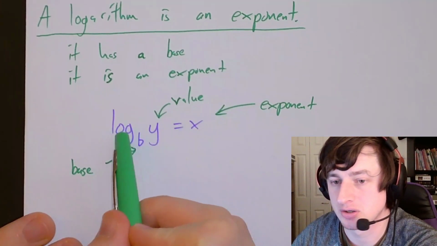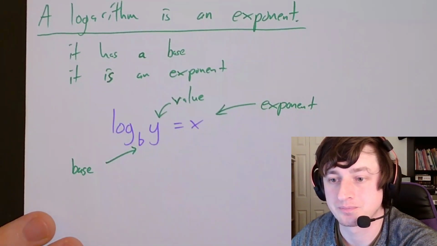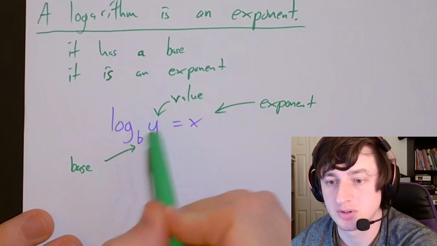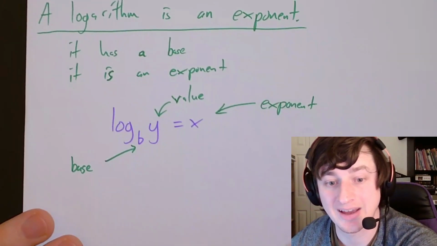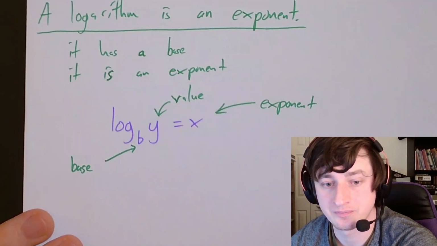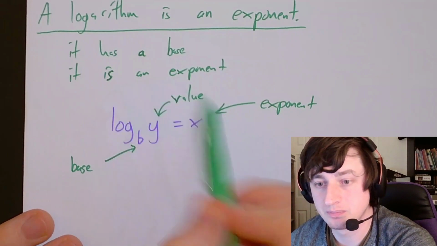The L-O and the G are not variables. They're the name of the function. And the exponent is what the log is equal to. We're going to use a calculator a lot to evaluate these. So this is a logarithm.